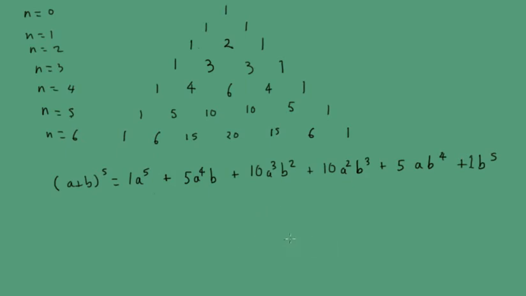Now let's look at how this would work with some examples. I'm going to rub out this here, because I want to keep Pascal's triangle up so that we can keep referring back to it when we're doing our examples.